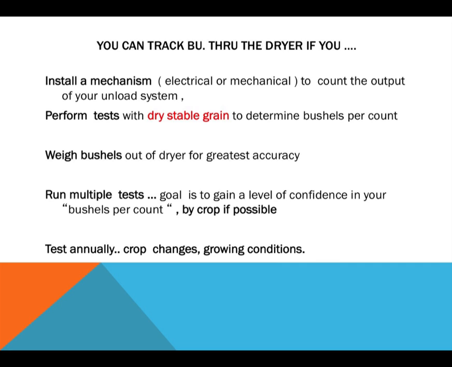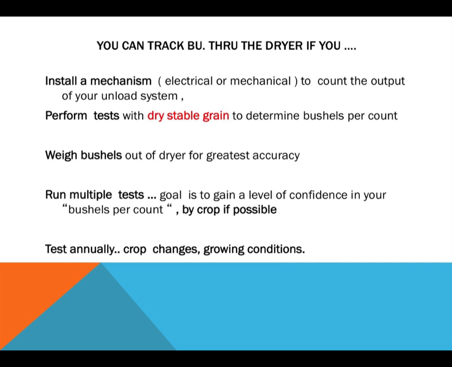So in the example I used of the Barrico dryer that's got a little airlock down at the bottom, or a screw, whatever that might be, that's operating, you would count the revolutions. Okay? And for X many revolutions, if you weighed up the grain at the other end, you would come up with 1,000 bushels, and you had 1,000 counts, 1 bushel per count.